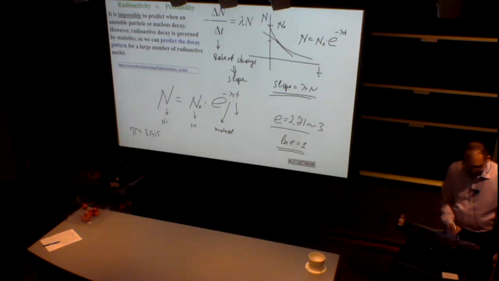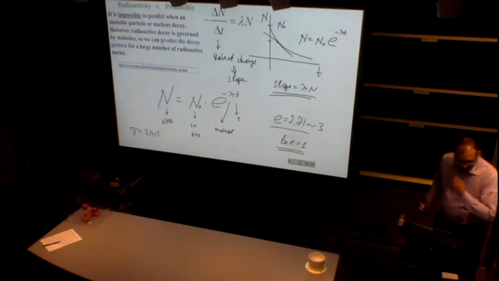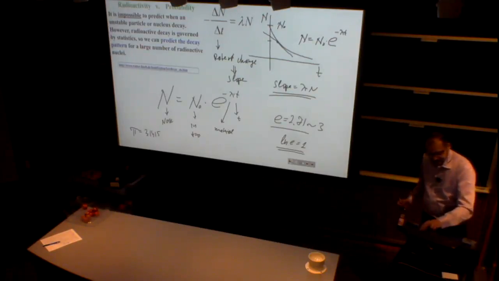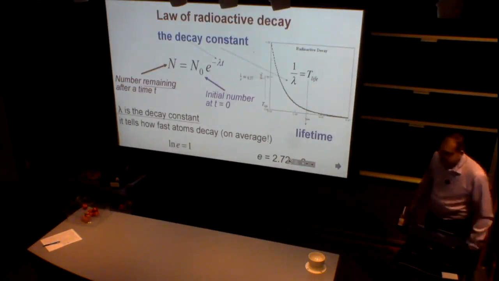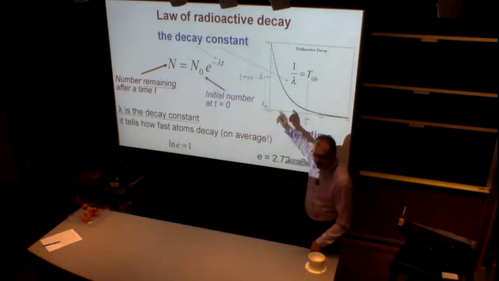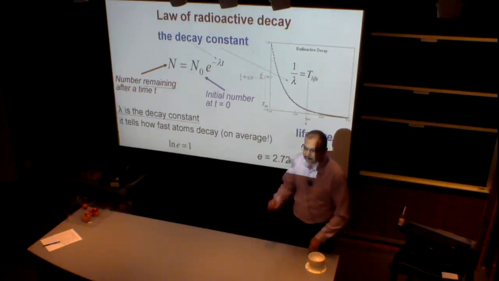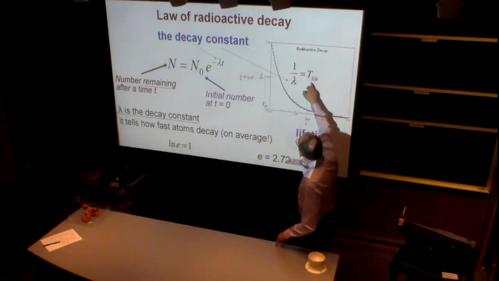So this is at t equals 0, this is now at t equals t. That's it. The variable inverse to the decay constant has a unit of time, seconds. This variable has a name, lifetime.